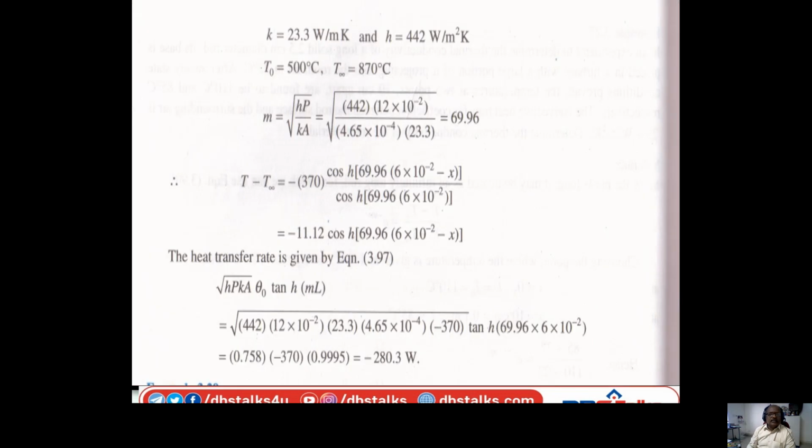So here, K value is given, h value is given, gas temperature, the base temperature T0 is given, T infinity is given. Using this, you can find out m. m is nothing but square root of hP by kA. You can calculate it. If you substitute this into the temperature distribution equation, you can find out T minus T infinity.